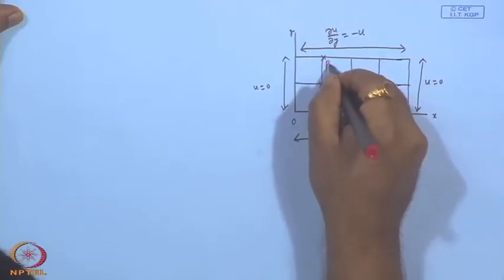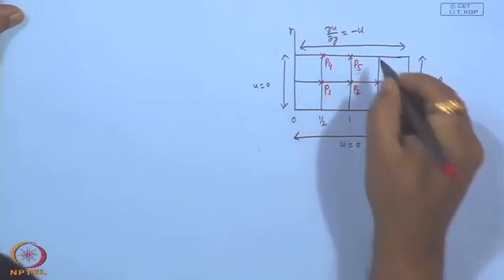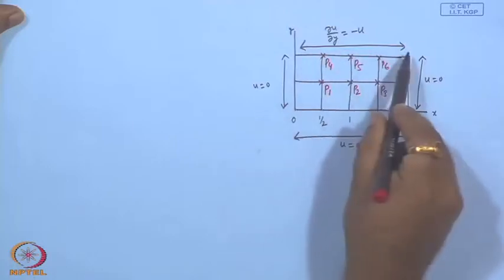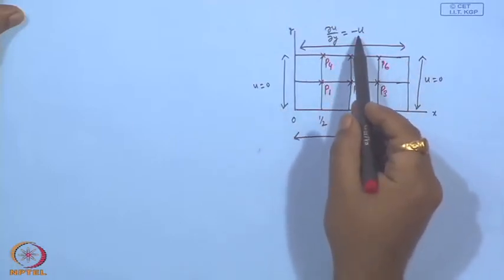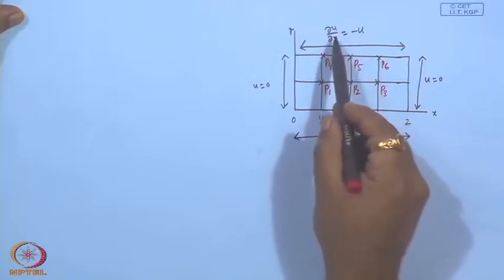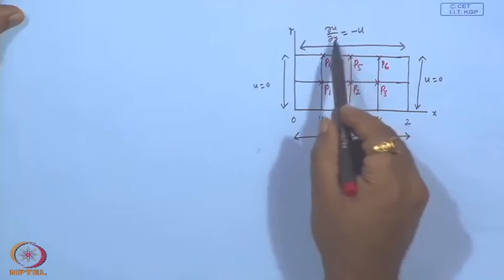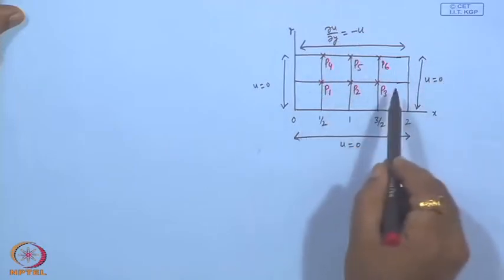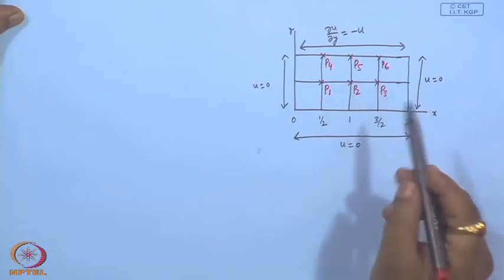This also becomes unknown, because here we have a mixed condition, Dirichlet and Neumann. In some sense this is a special case of alpha times u plus beta times dou u by dou y is prescribed. Okay. So, therefore, these are the unknowns. So, we have to find the solution at these points.